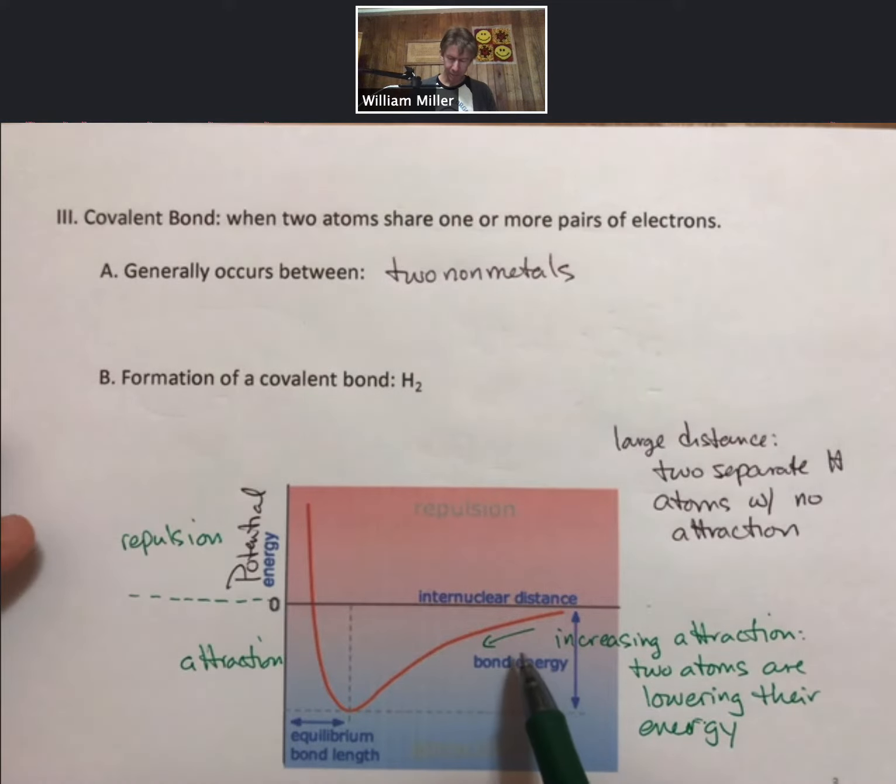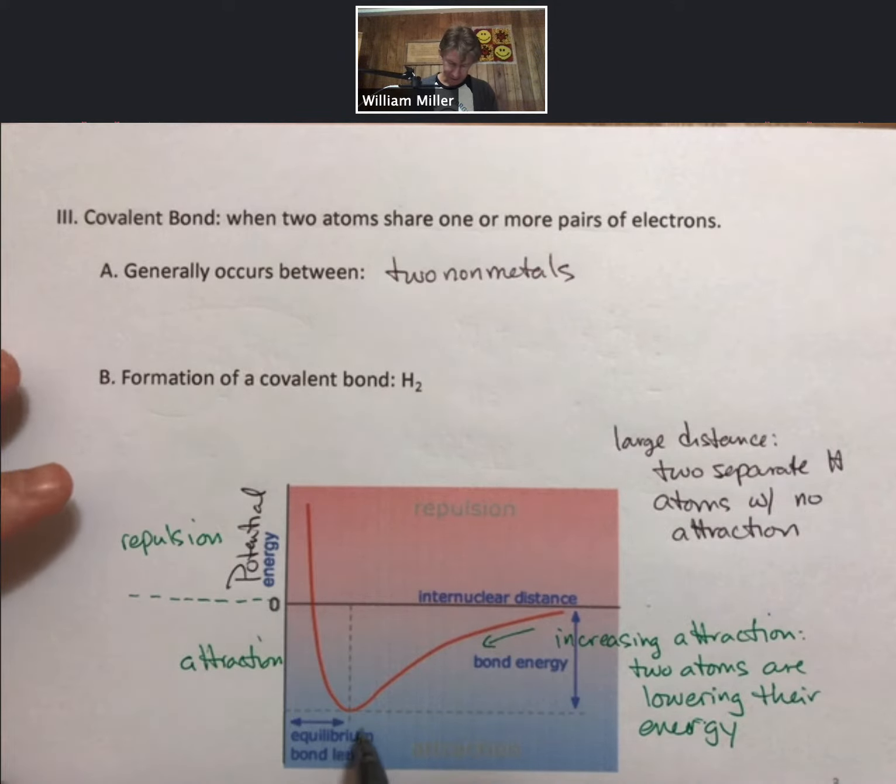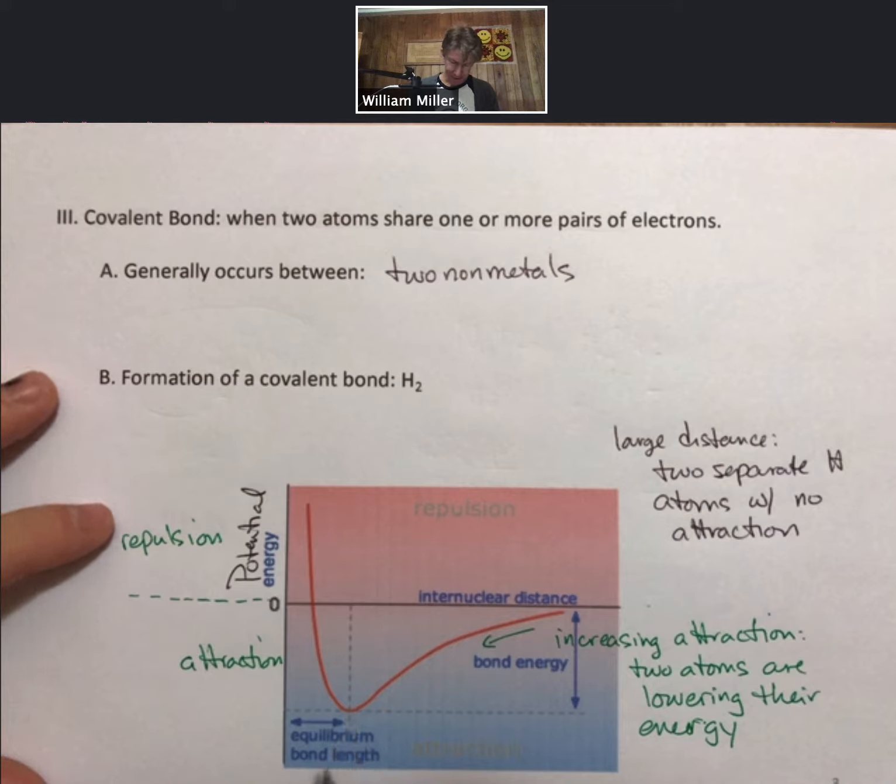Okay, so we're getting more and more attraction between them. This attraction is the attraction between the electrons on one atom and the nucleus on the other atom. So we're getting more and more attraction. And at some point, the attraction is maximized, and that is what's called the equilibrium bond length.